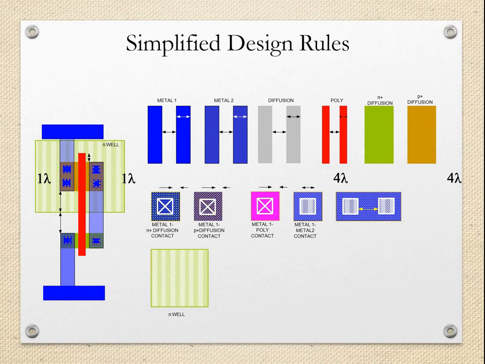So what should be the distance between the two metals, or what should be the minimum width of P plus and N plus diffusion? What should be the minimum gap between the two polysilicon layers? What should be the dimensions of the contacts or vias, then N-well? So the statements which specify these things are called the design rules, or sometimes they are also called lambda rules.